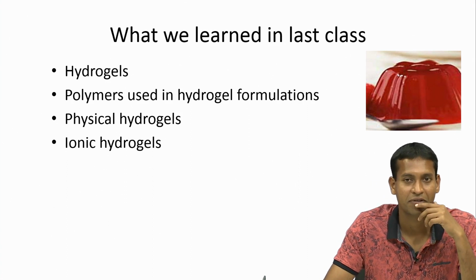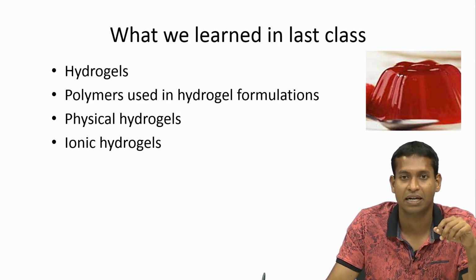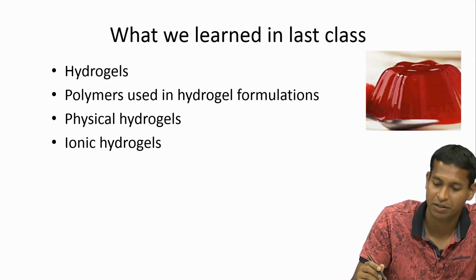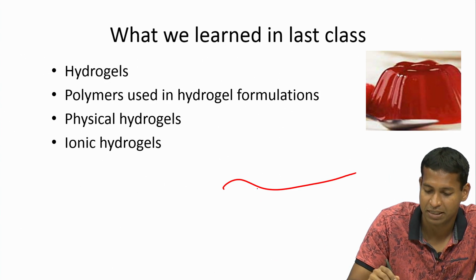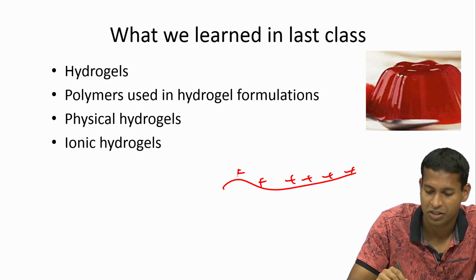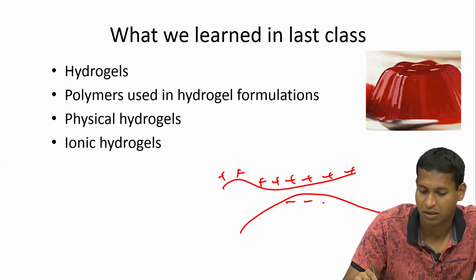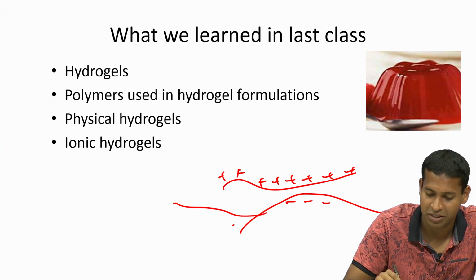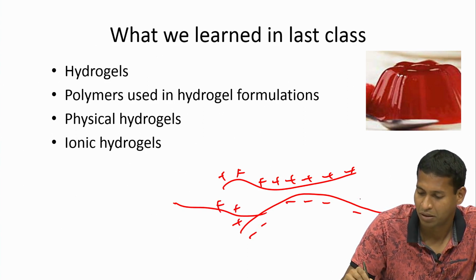And then as a special case we were talking about ionic hydrogels. These are again hydrogels that are interacting with each other using ions. So, you can have two types of chains, one can be positively charged and another chain could be negatively charged, and they will interact with several other chains there also.